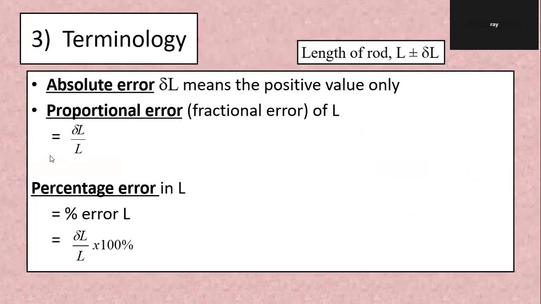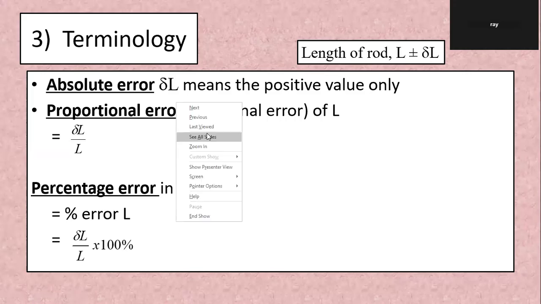It's not called uncertainty. Uncertainty is delta L. You must know the meaning of each term. Proportional error or fractional error. Percentage error is times 100%. Any problem?